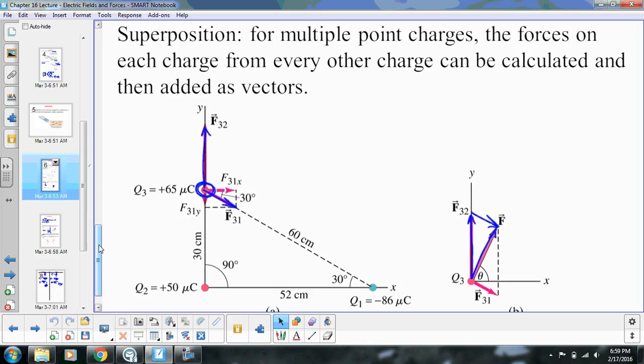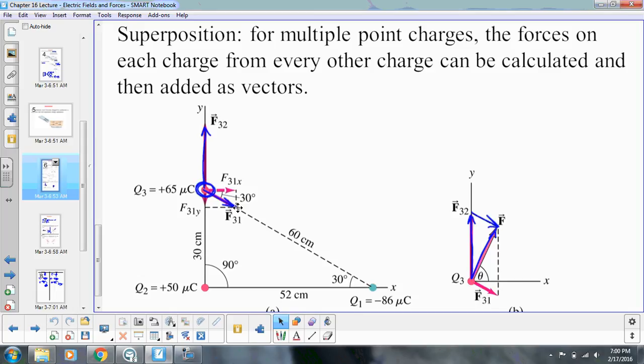So for the forces that multiple charges exert on each other or other things, we're going to use vectors to add those up. So this is a force. Force is a vector. It's just like any other forces that we've learned about. If I'm looking for the force on Q3 from these two charges, I have Q2 here. So there's going to be a force on 3 from 2 pointing along the y-axis. And then my force from Q1 is going to point towards Q1.